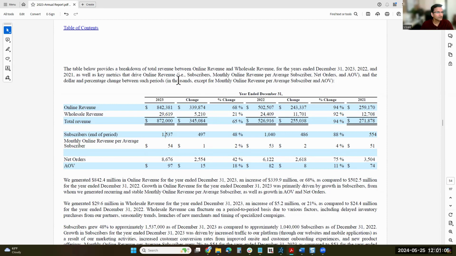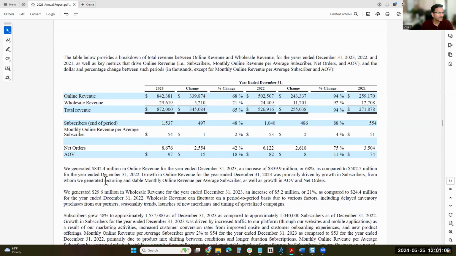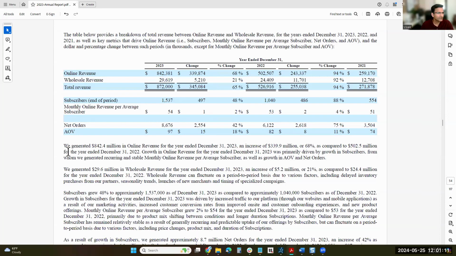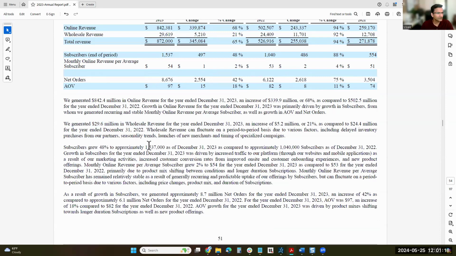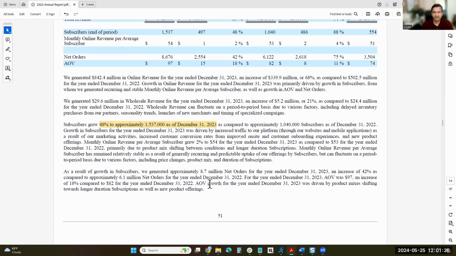Yes, if this is in thousands, then it is only 1 million subscribers. Okay, so they do have information. We generated 842 million. This is in wholesale revenue. Subscribers grew to 1.5 million only. Okay, that's pretty small, I guess. How much do other services like Teladoc, etc. have?